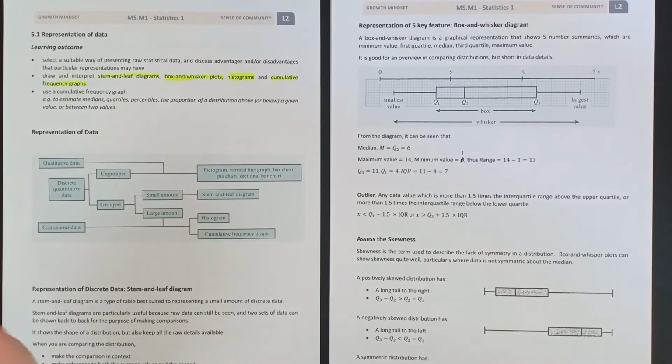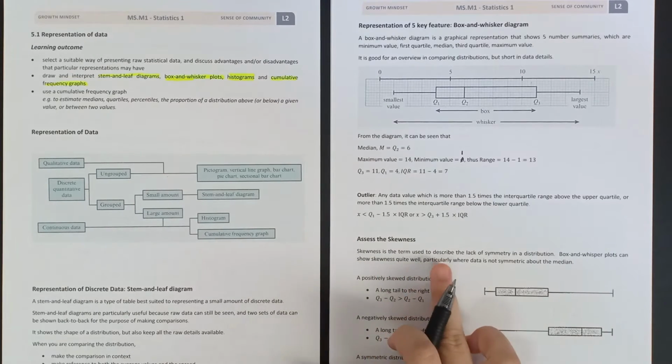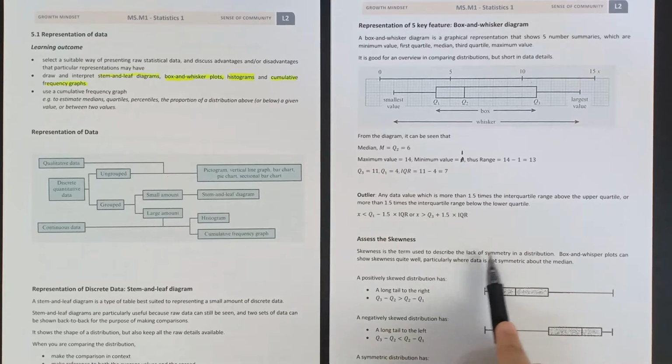Okay, the second thing about the box and whisker diagram is called skewness. This is the term used to describe the lack of symmetry in a distribution. What does that mean?